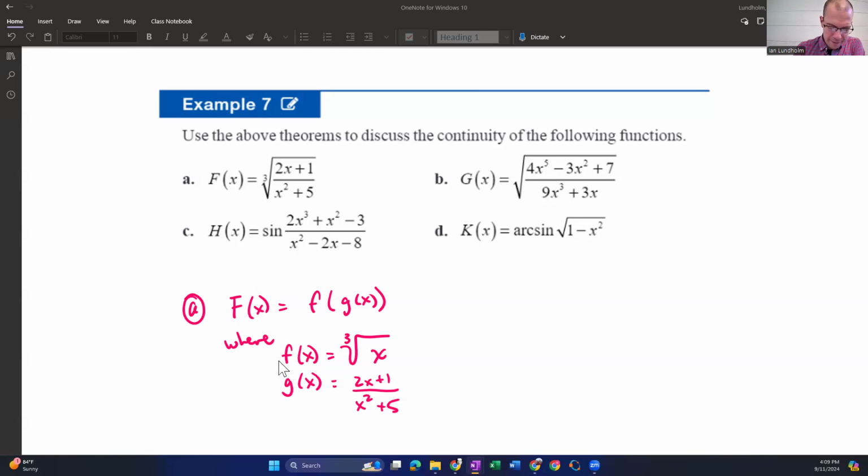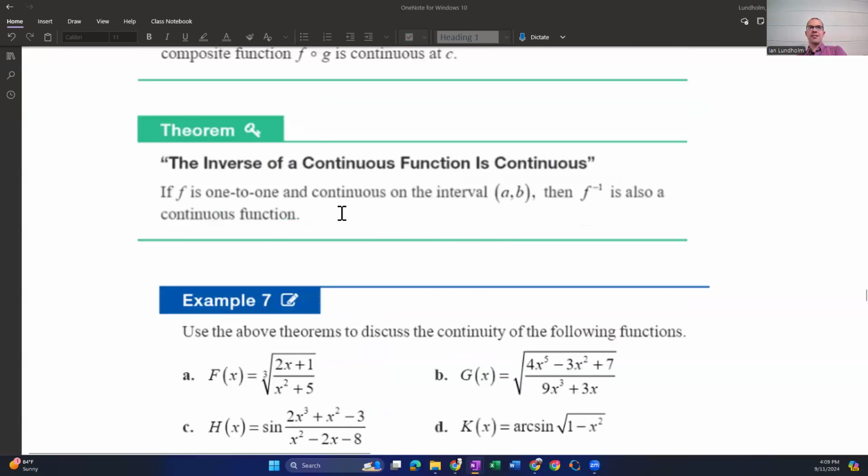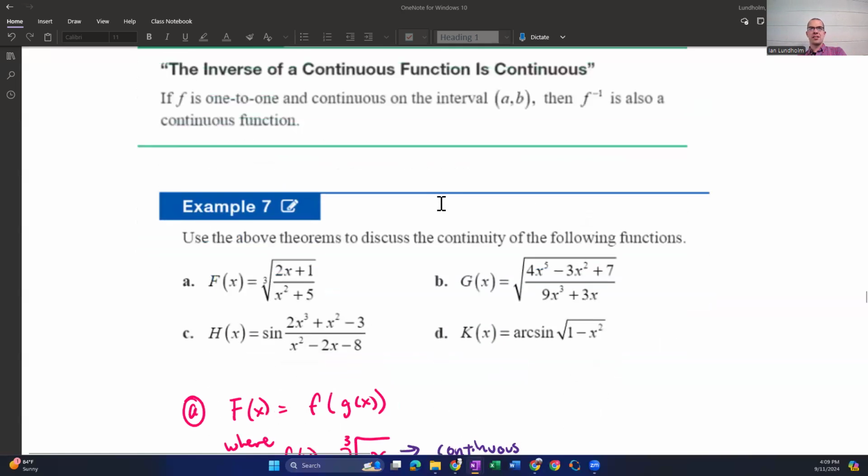So for f here, this is continuous, specifically on its domain. I guess since this is an odd root, then it's going to be continuous everywhere. That one's fine. But we could also utilize that the inverse of a continuous function is continuous.